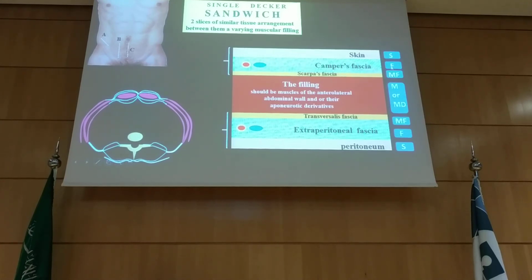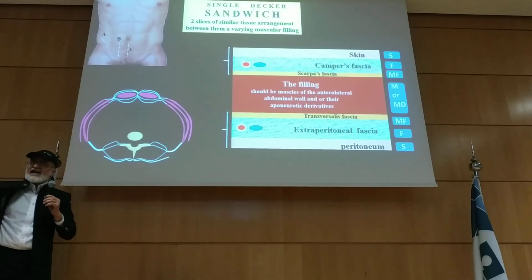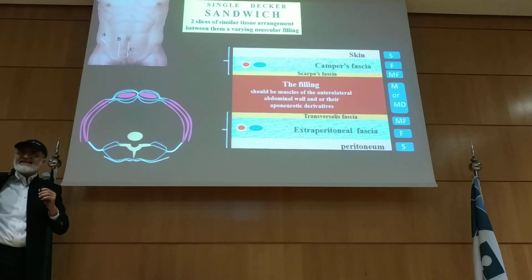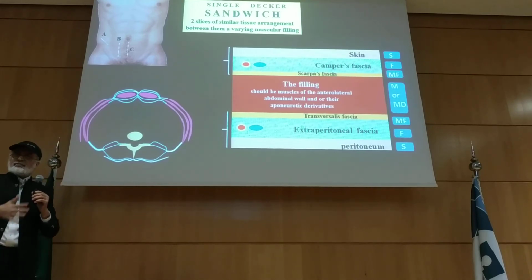Here there is fat, called Camper's fascia. Here is F, extraperitoneal fascia. Fat and fat, but we call them fascia. Then we have MF, which is membranous fascia. Membranous fascia means there is a heavy network of fibrous connective tissue made in a delicate band, a very extensive band.